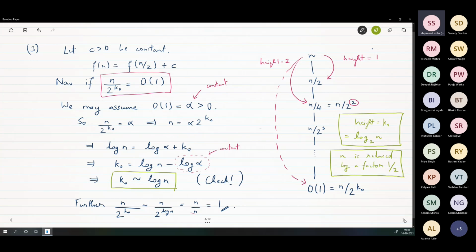Sir, this part I didn't understand. The second last part, n is reduced by a factor 1 by 2, what does that mean?